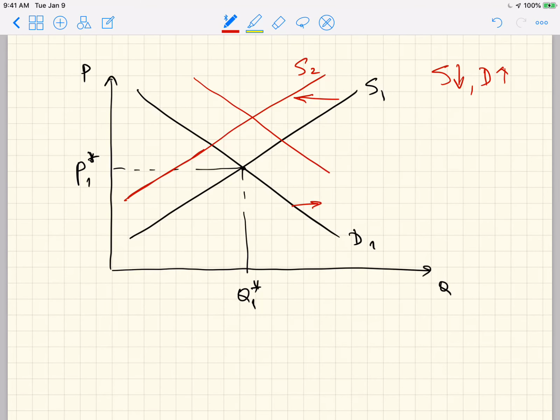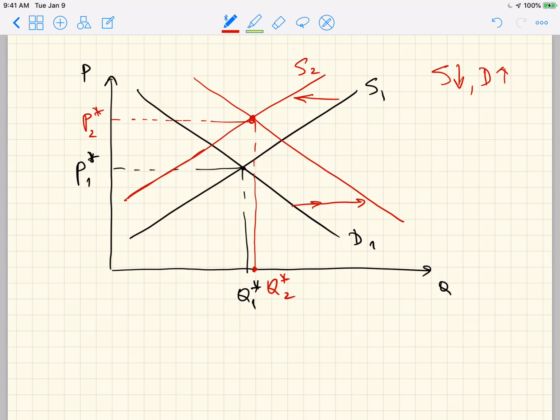So if I draw it like this, it's a rightward shift, we're going to find a new equilibrium at this point, right? So let's see what's happening here. So the new equilibrium price goes up. Equilibrium quantity seems to go up or increases, right? Because we're talking about a rightward shift to be exact. And basically this is what's happening here.